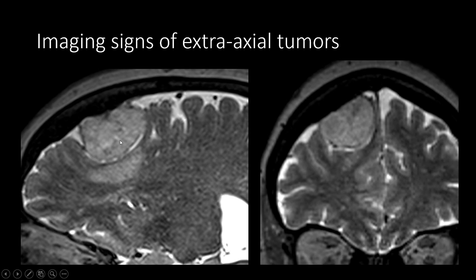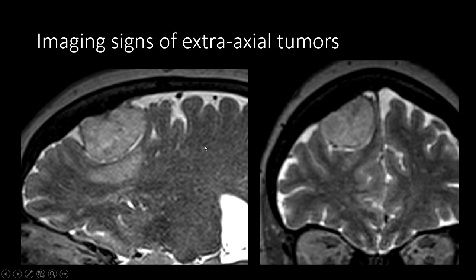In this case as well, we see a thin cleft of CSF separating the meningioma from the underlying compressed brain. We also see small flow voids representing cortical vessels interposed between the mass and the underlying brain, here and also here. Another sign that this mass is in fact extraaxial.